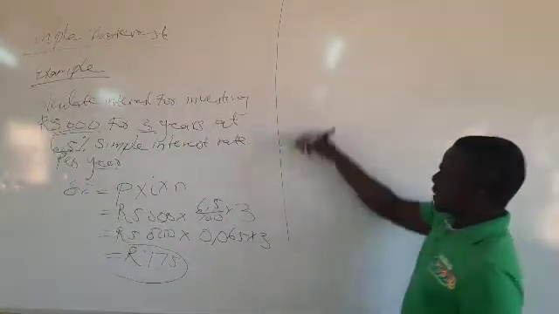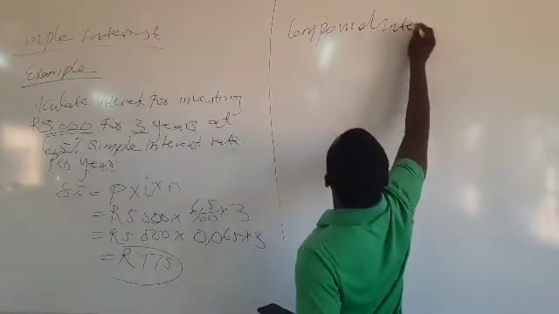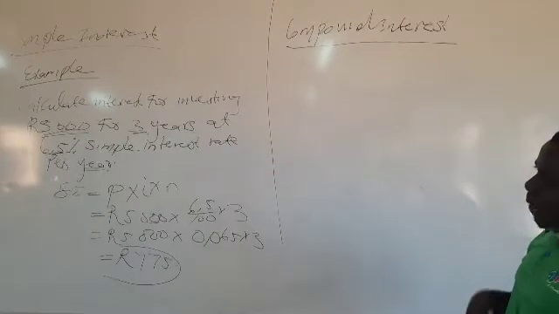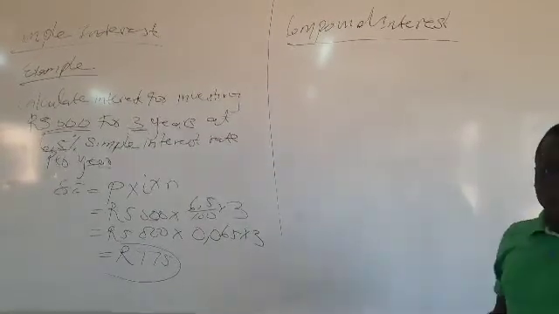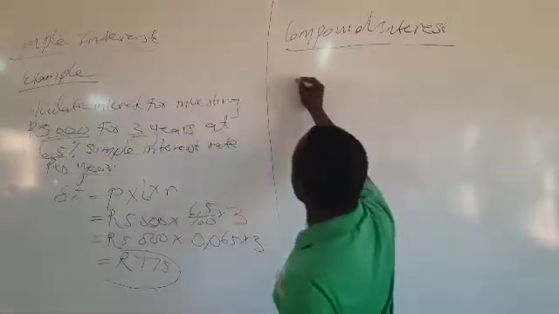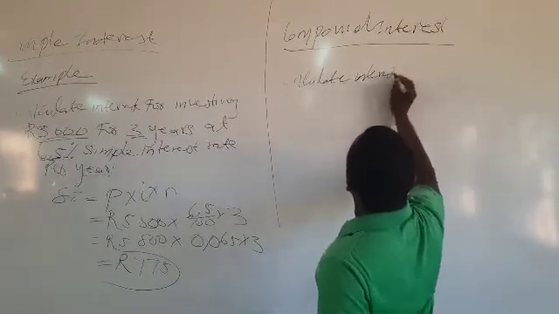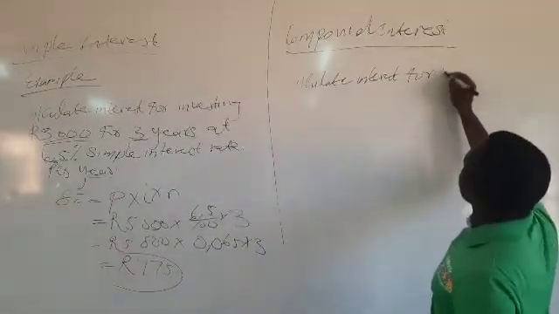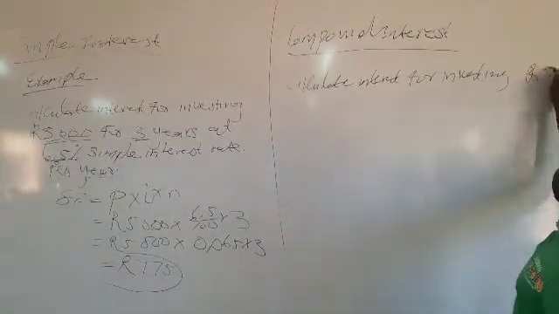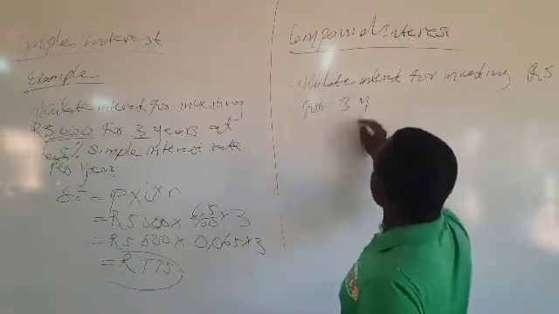Now, let's go to compound interest. In compound interest, it means at the end of every period, when we start the new period, the interest is also calculated. So let's say they say calculate interest for investing 5,000 rands also, and then for how long? 3 years.